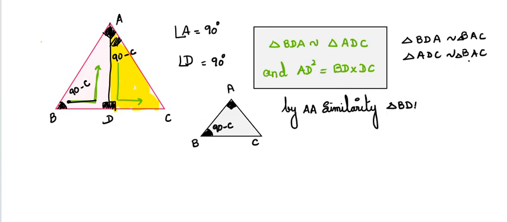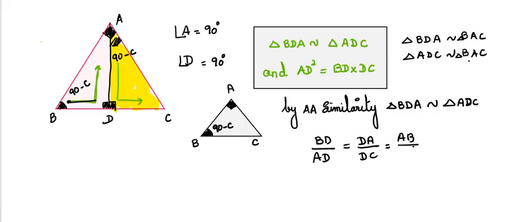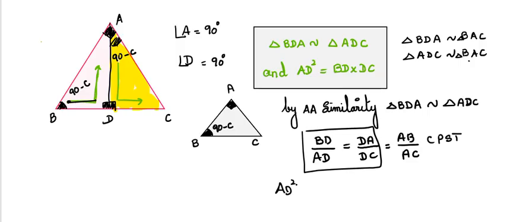Triangle BDA will be similar to triangle ADC. And if you write the CPST, BD by AD equal to DA by DC equal to AB by AC. So AD square is equal to BD into DC is the answer.